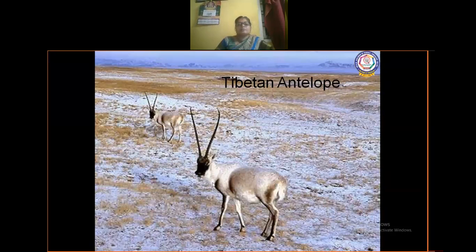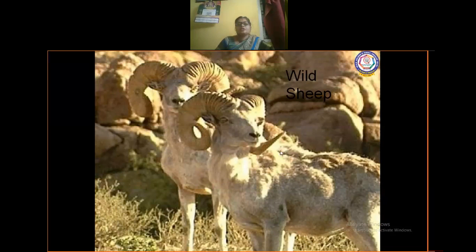Tibetan antelope, like these. So you are seeing that in all the cold regions of India, these kinds of animals are prevailing. So, wild sheep, white in color.